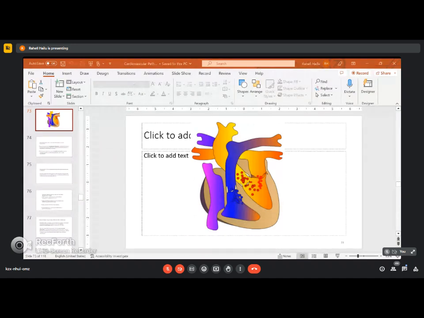Is it going to be hypertrophy of the left ventricle or the right ventricle only? The pressure is now in the pulmonary circulation, so it translates to which side of the heart?